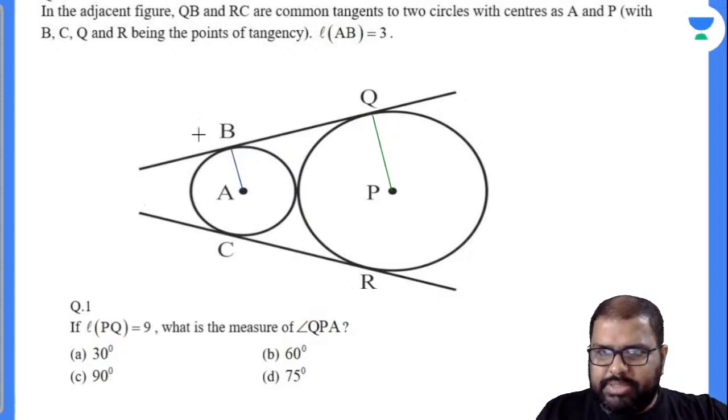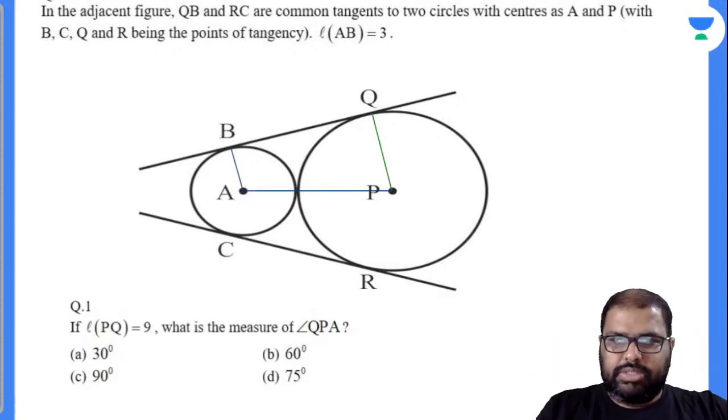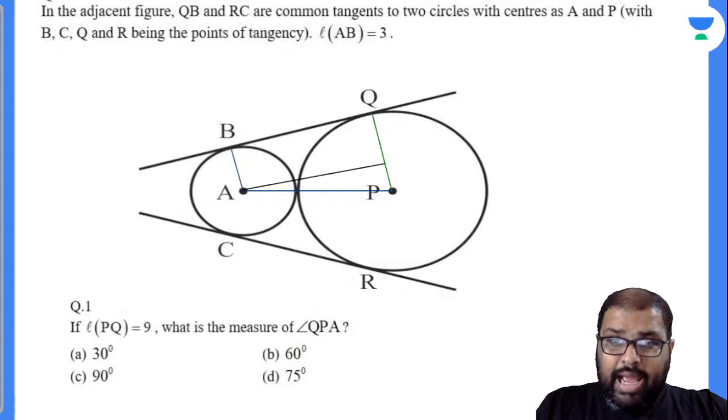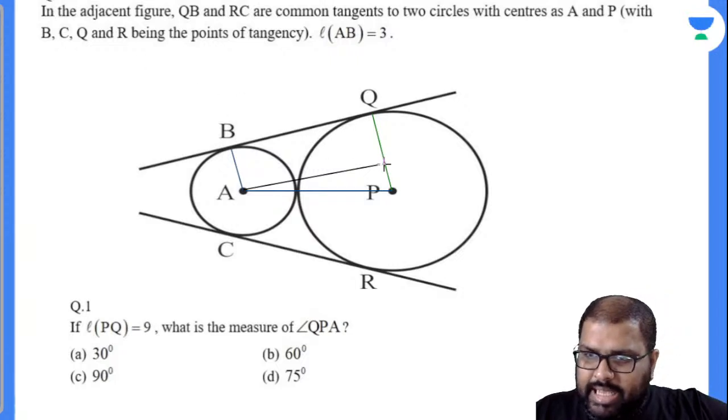Now you closely observe, this line segment is not straight. The A and P points are not on the same line. So I'll draw a straight line from point A to a point on PQ. A and X are exactly on the same line.